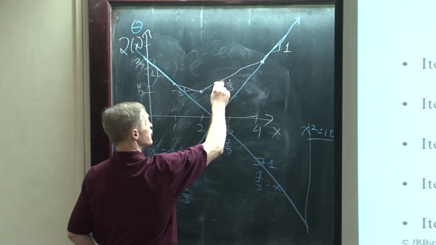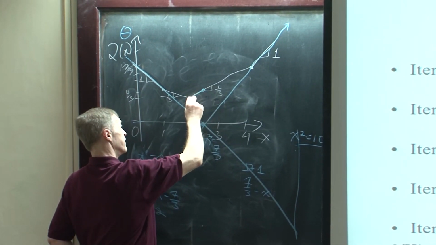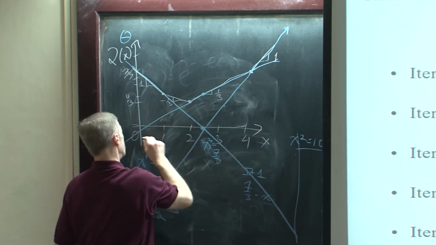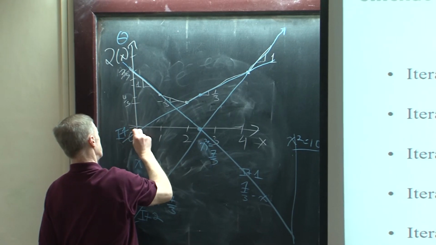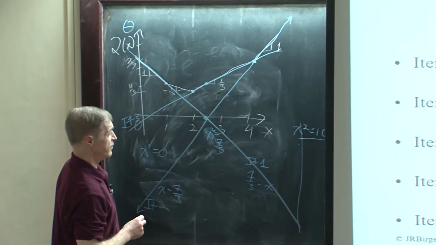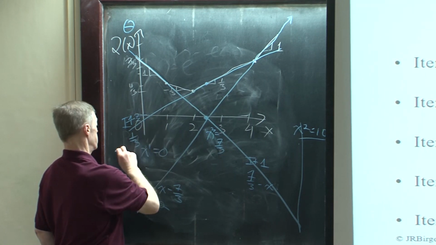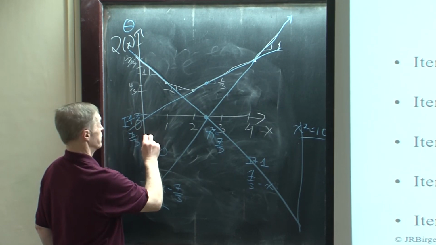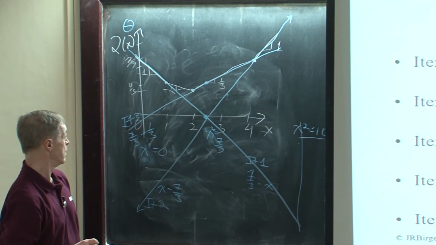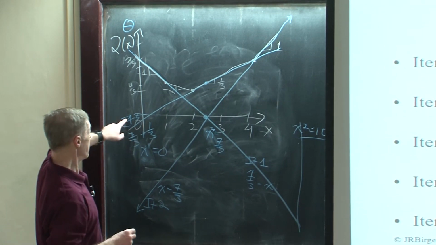And I'm where the slope is 1/3. So I'm going to add in this line on the third iteration. And that gives me x over a third plus 1/3. So I guess it went through 1/3.